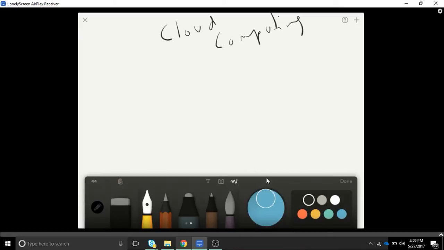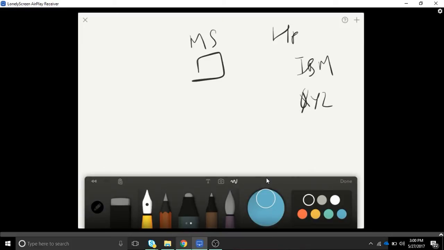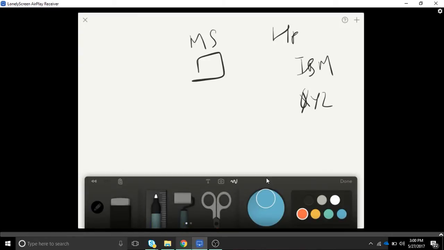Cloud computing, in simple terms, would be like this: we have a company called Microsoft, and we have certain companies called HP, or IBM, or any other XYZ company.